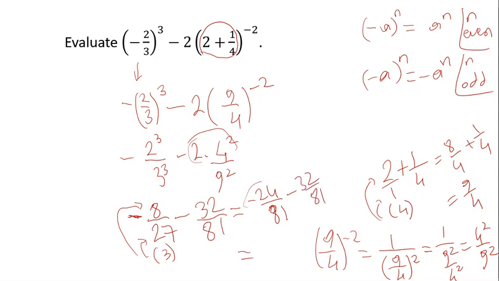And this together will be negative 8 over 81. You can simplify if you like, but I'm not sure if it is simplifiable. No, there is no common factor between them, so we cannot do it.